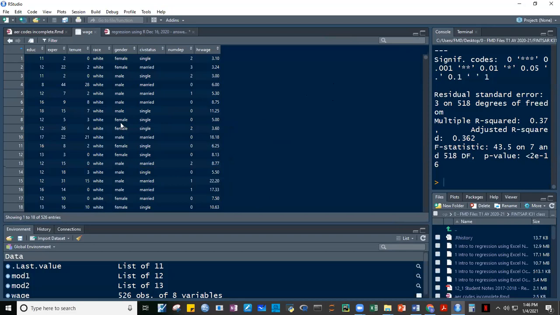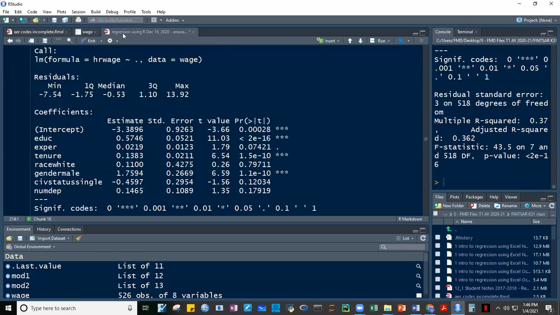Sa gender, male, female, okay? Alphabetically, sino yung una? Si female, di ba? So kaya ang ginawa niya, si female, 0. Tapos si male, ang ginawa niyang 1. Kung sino yung unang mag-a-appear doon sa data alphabetically, siya yung gagawin niyang reference.